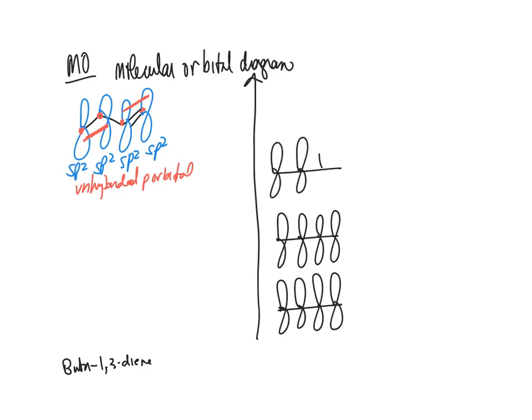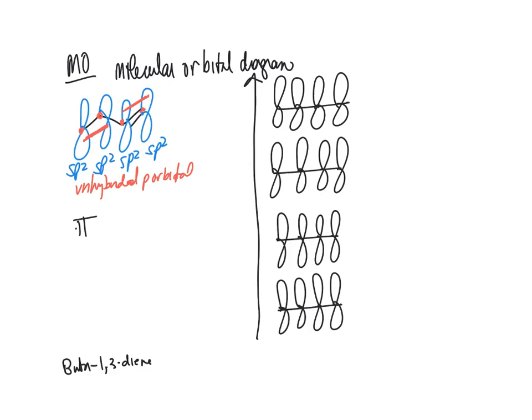So you're going to have 4 unhybridized p orbitals, and what's our number of pi electrons? You're going to have to get used to counting the number of pi electrons in the next chapter. So number of pi electrons, you have 1, 2, 3, 4. So you have 4 pi electrons.